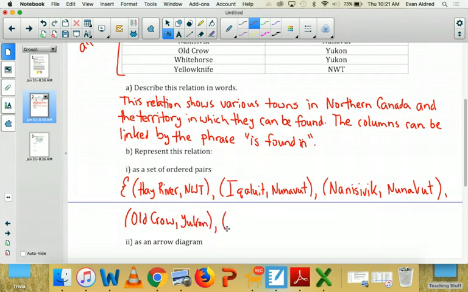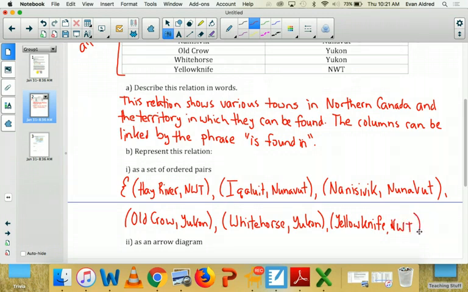Close our bracket, and then we just finish it off with the capitals of each territory. So Whitehorse, which is in Yukon as well, and then Yellowknife, which is in Northwest Territories.